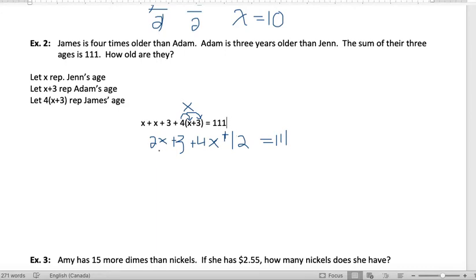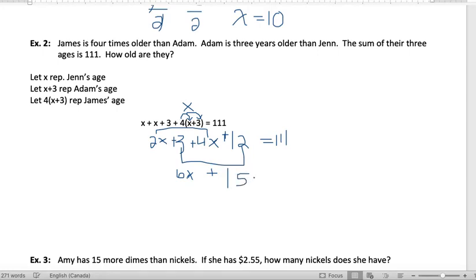So here we're going to collect like terms on the left side of the equation. We're going to add our 2x and our 4x. So 2x and 4x is 6x. Then we're going to add our 3 and 12, and that gives us 15.